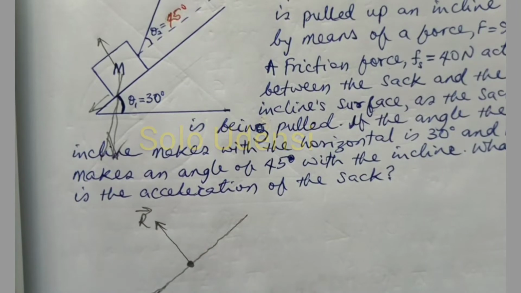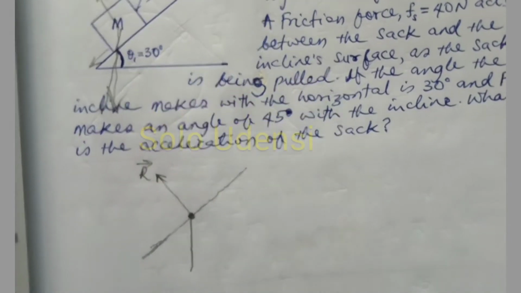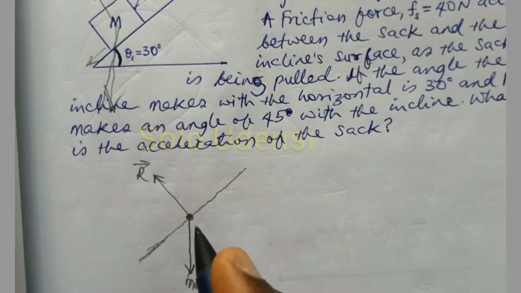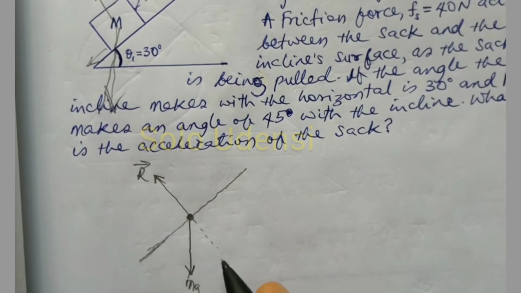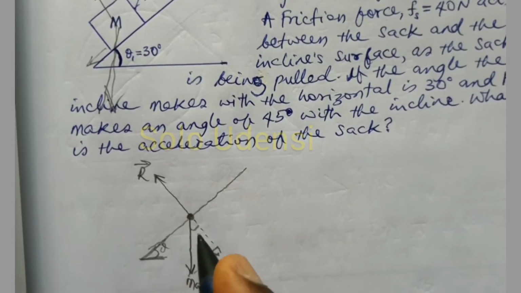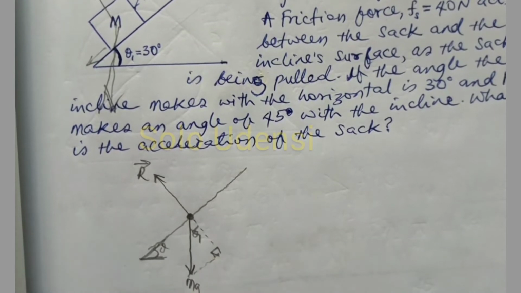The weight is acting downward, mg, if you like. If we extend this to a point and draw a line that is perpendicular to this line, you find that this angle θ1 will be equal to this angle θ1 by trigonometry, geometry.